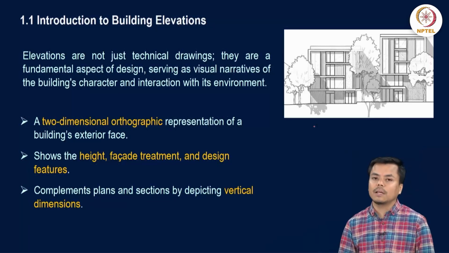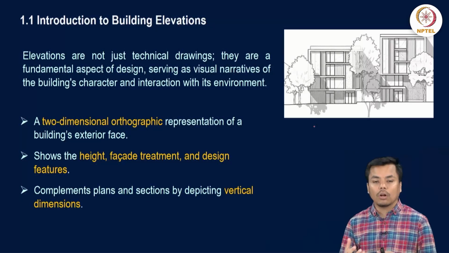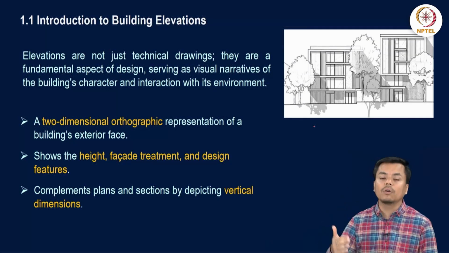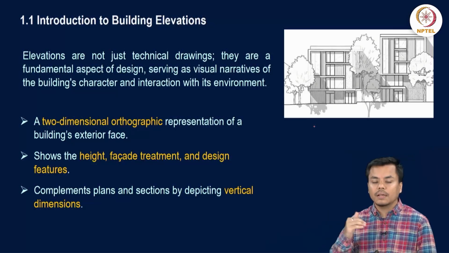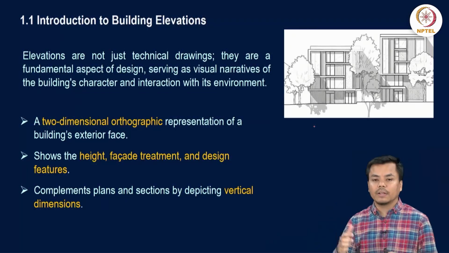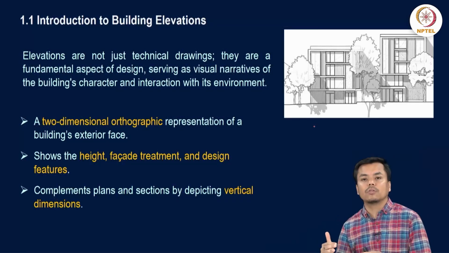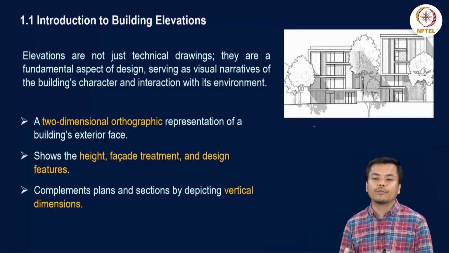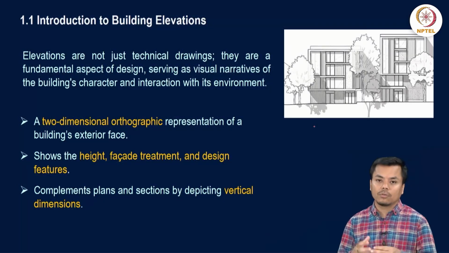So all this can be represented. It also complements the plan and section by depicting the vertical dimension, because the floor plan is generally the horizontal space layout of the structure, but vertically how the structure is arranged, whether there is a projection, or whether there is any specific material that you have used for the structure, all that will be represented through the elevation.